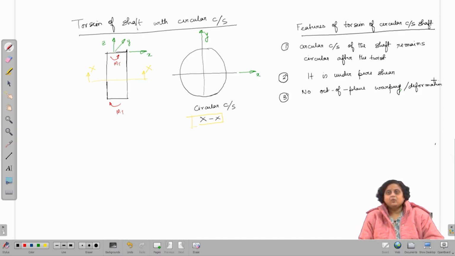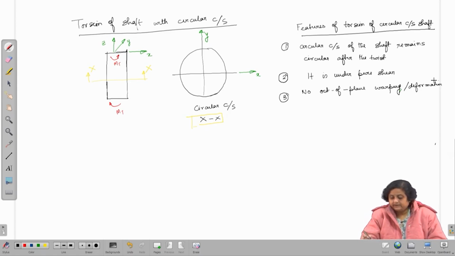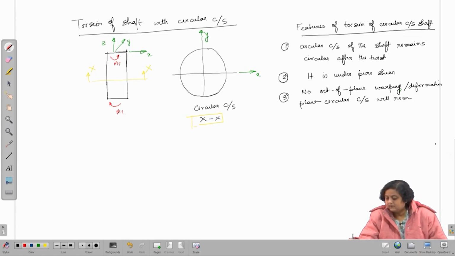Or in other words, we can say that the plane circular cross section will remain plane after the twist.